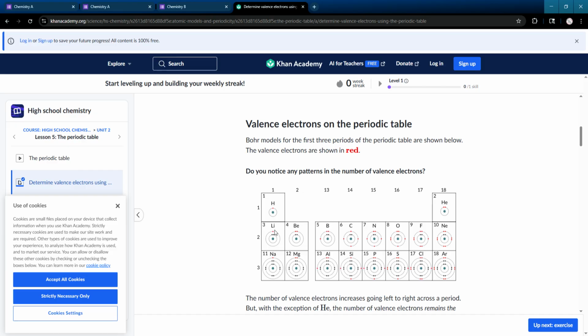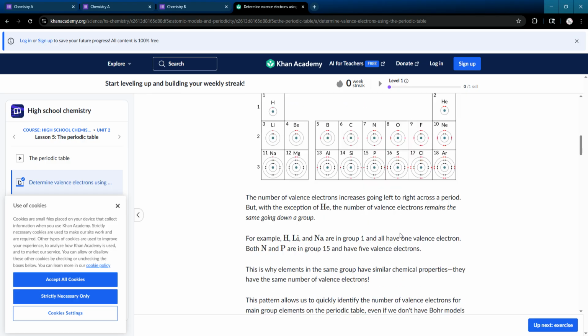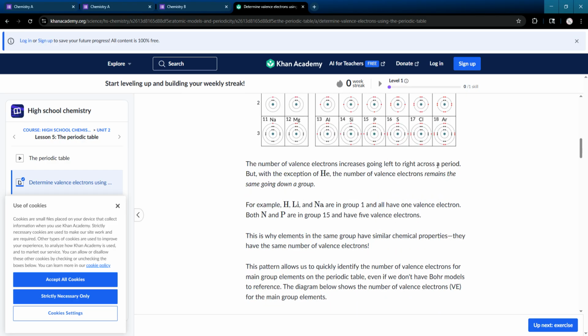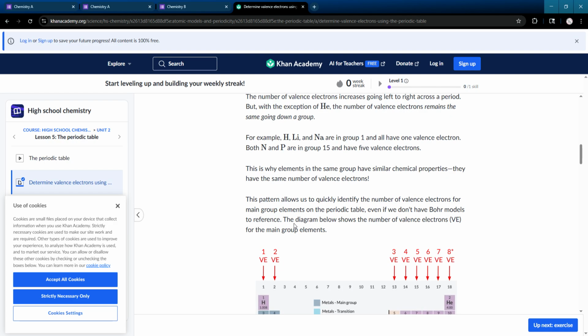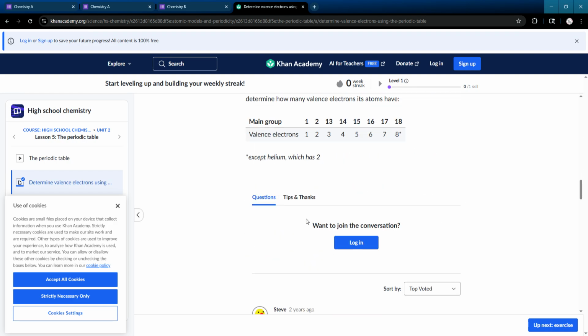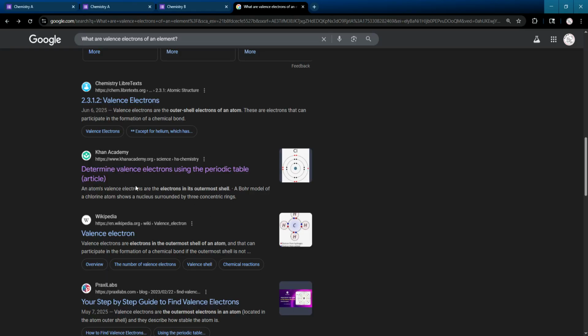I guess the numbers are the same as the number of dots. That's the pattern I see. Oh, it increases going left to right. Yeah. Nice.